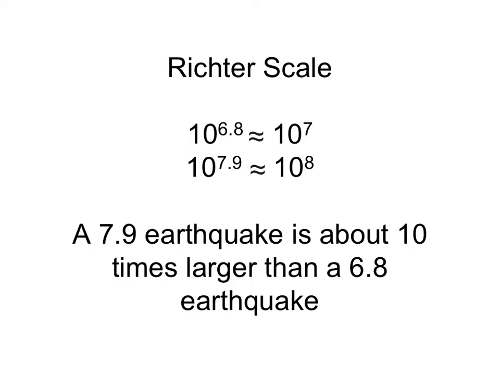If you look at a 7.9 earthquake, that's going to be approximately equal to 10 to the 8th. So if you looked at the ratio of 10 to the 8 and 10 to the 7, you would see that the 7.9 earthquake is approximately 10 times larger than the 6.8 earthquake. Most people don't understand that about the Richter scale. But an 8 earthquake is about 10 times larger than a 7 earthquake in general.